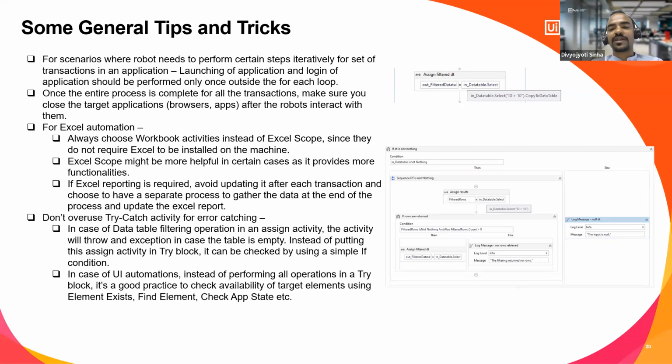So you would probably go ahead with a try catch block for this assign activity. But it is always recommended to minimize the use of try catch, because over here you can easily check the number of rows in the data table before proceeding to this kind of select operation, right?